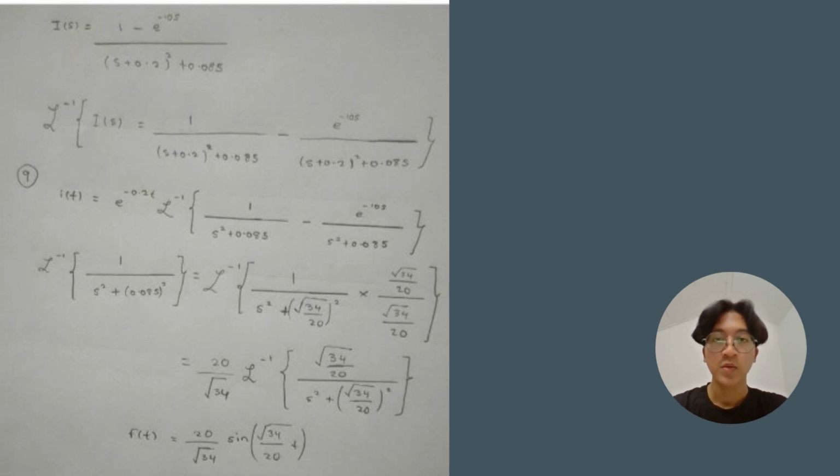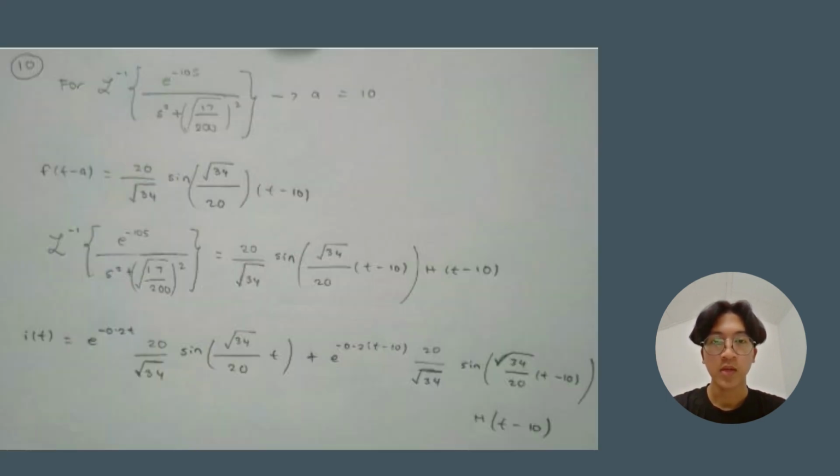Okay. So after we have done all of the steps, we have to use the method of completing the square. So number 9 here is the step by step of how to use the method of completing the square.